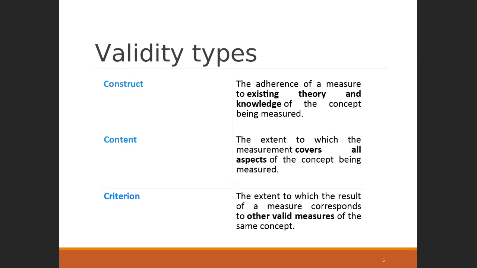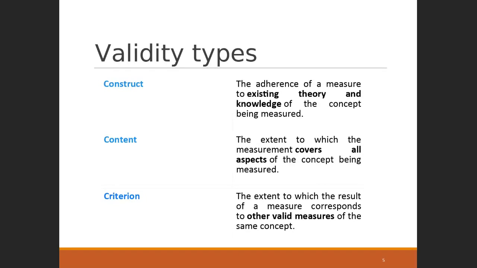For instance, if we are measuring the concept of job satisfaction, can we be reasonably sure that the questions in our survey are measuring only job satisfaction and not something else? Like, they are not measuring job involvement, they are not measuring job commitment. So the questions in our questionnaire, within that variable, must be measuring the concept which they are supposed to measure.